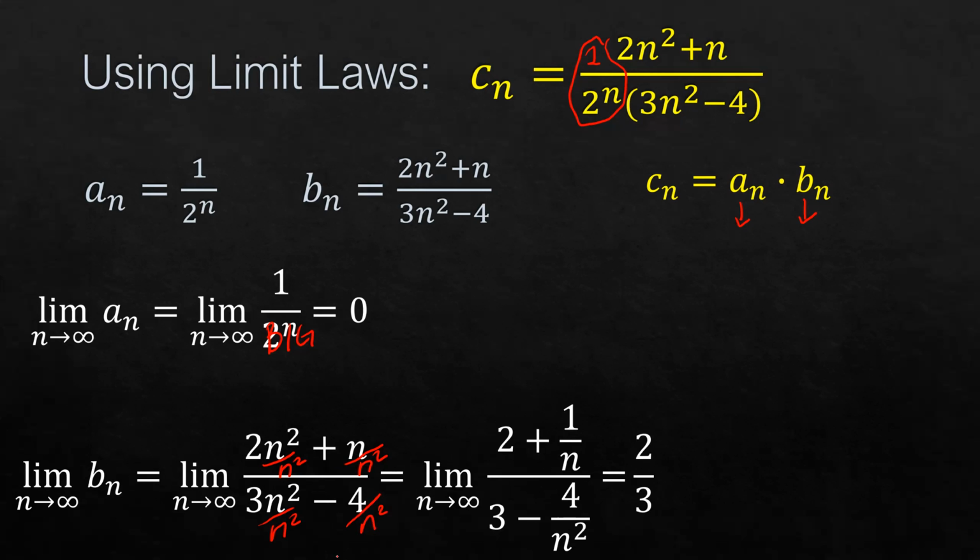And we will get the limit being, this is going to go to 0, this is going to go to 0. So what you have left is 2/3. So we would say that the limit of Bn would go to 2/3.